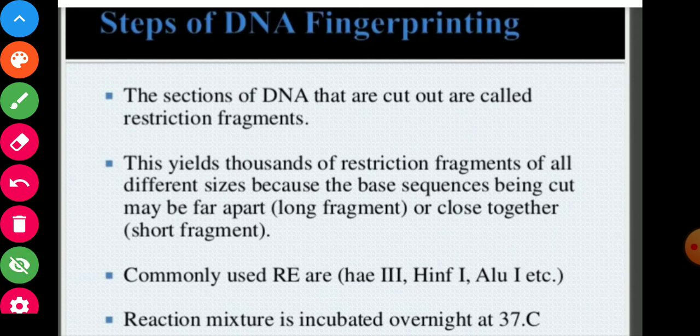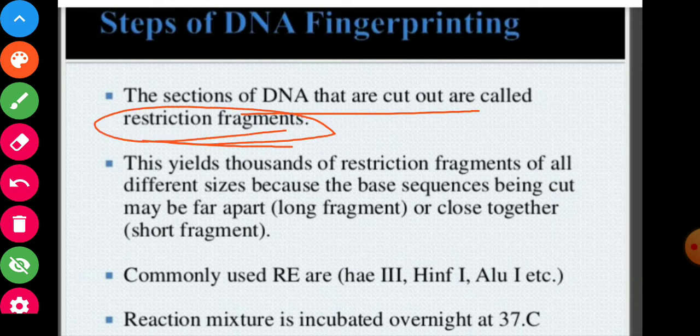The sections of the DNA that are cut out are called restriction fragments. This yields thousands of restriction fragments of different sizes, because the base sequences being cut may be far apart, meaning long or short. So different sizes of fragments are cut.